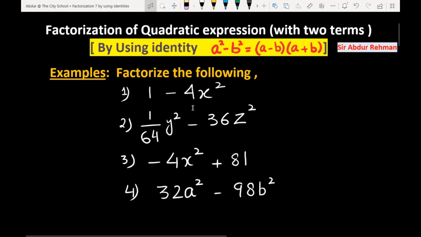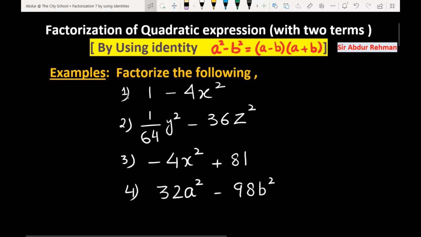The first condition is that both the terms have different signs, and it is better that the first term is positive and the second term is negative. And the second condition is that both the terms must be in perfect square form.